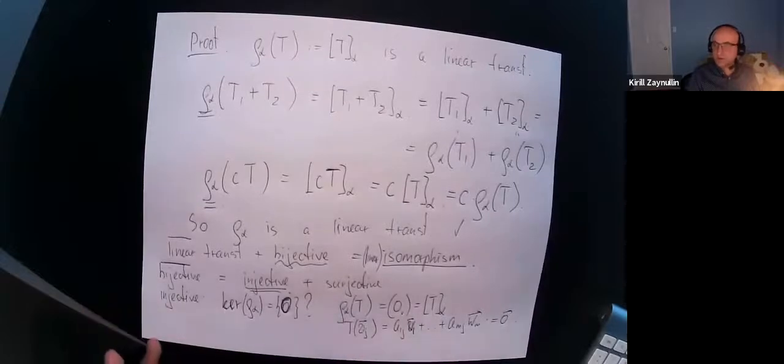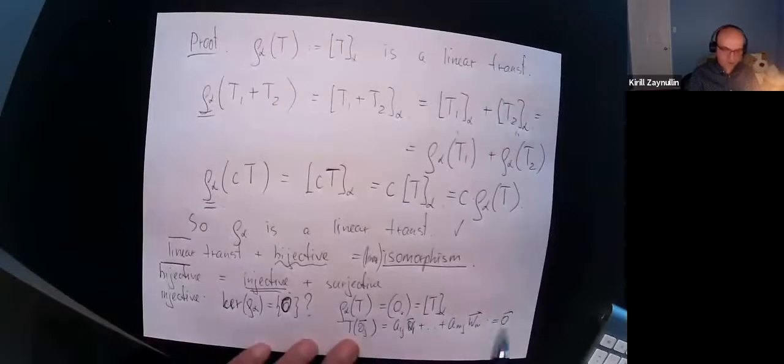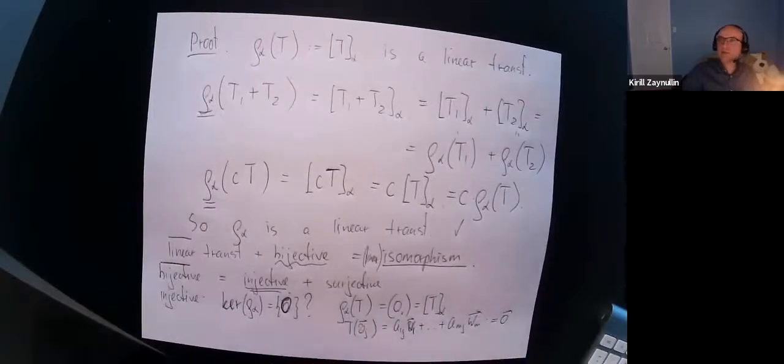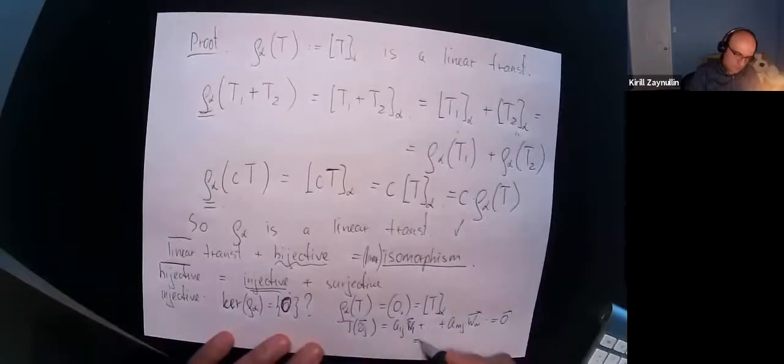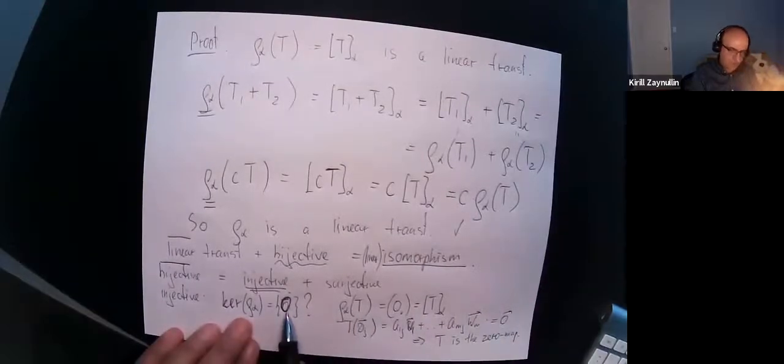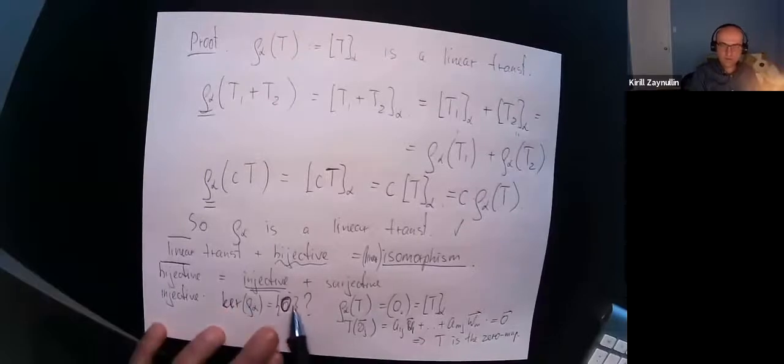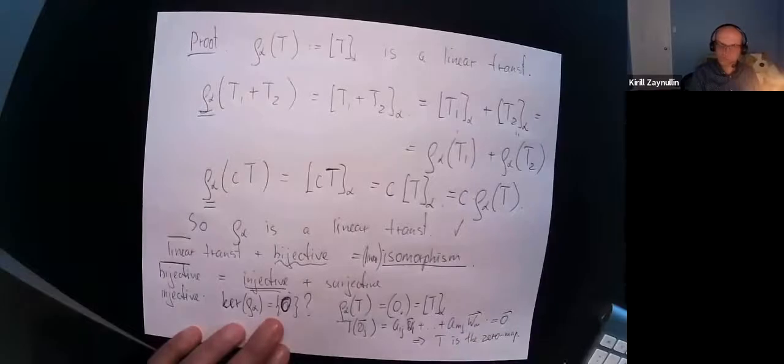But it means that the map itself is the 0 map, because it sends each basis vector to 0, and in particular it sends its linear combinations to 0 as well. So it sends any vector to 0. So T is the 0 map. But that's exactly what we want, because we want the kernel to consist only of the 0 map. So the kernel is 0, so the map is injective.